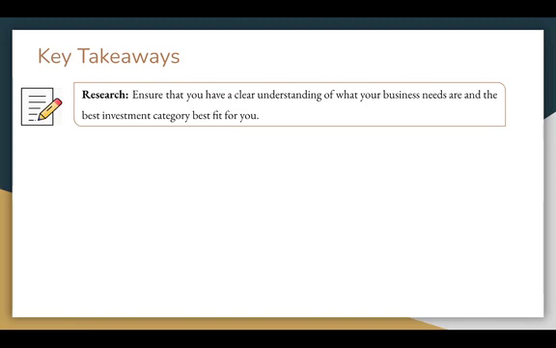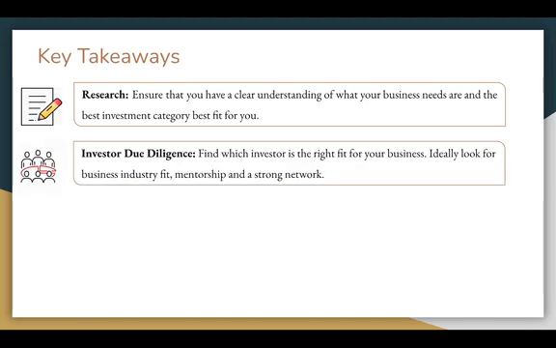Again, it's not one size fits all. It depends on your business model, it depends on the value that you're offering, how compelling your business portfolio is. The second thing is to do your investor due diligence.